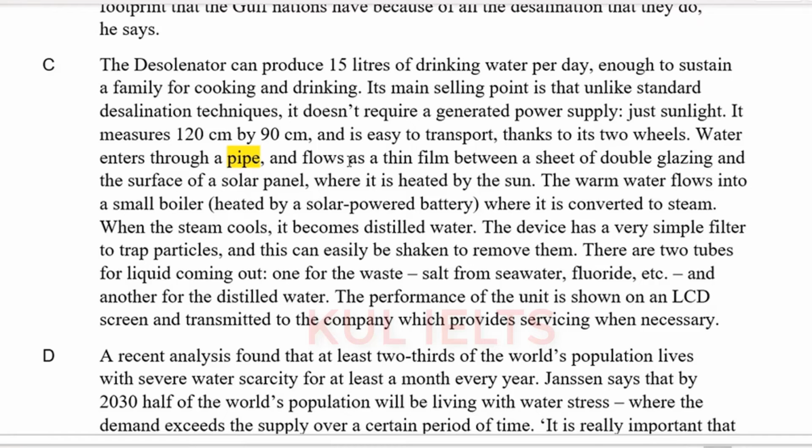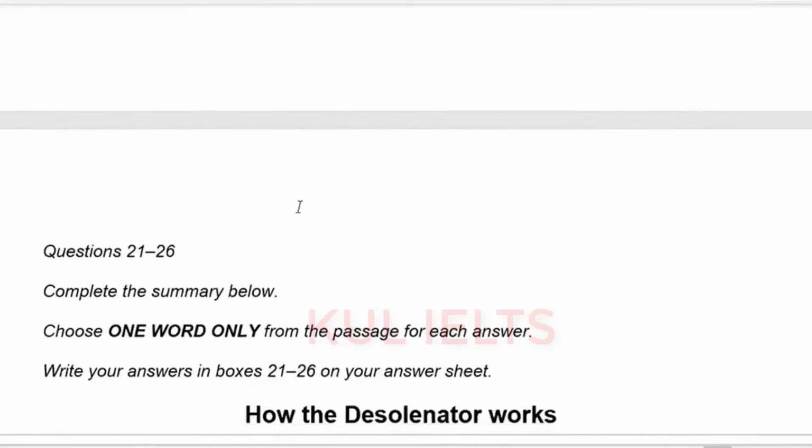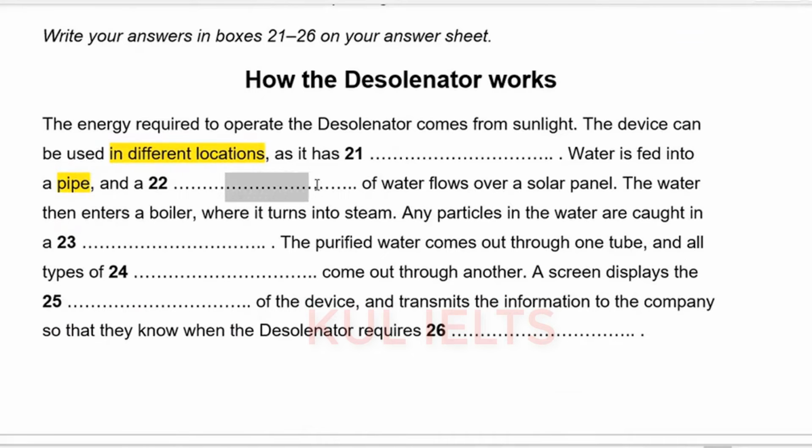But look at what's happening. The water is flowing as a film between a sheet of double glazing and the surface of a solar panel. So it can only be this one, film, because the water is a film. A film is like a thin layer. But the grammar helped us. We're looking for a singular noun. It's not this one, because the sheet is the double glazing. So it's a film, that the water flows as a film. That's fine.